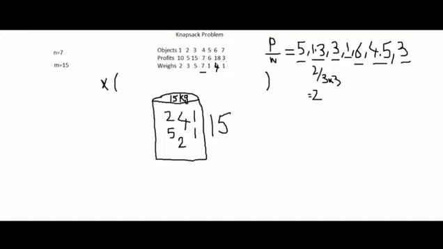So this is how you have to implement the greedy method to solve a knapsack problem, to get the optimum solution, in order to maximize the profit. This is how we have to implement the greedy method to solve the knapsack problem.